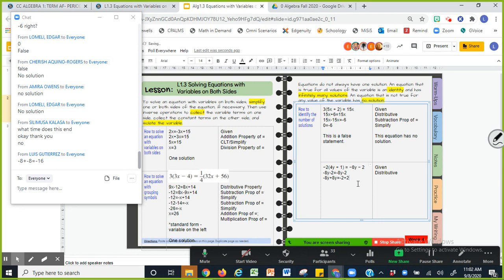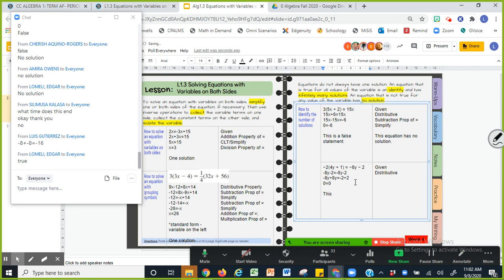So plus 2. And Luis, you were right, you're going to end up with zeros. The nice thing here is the left-hand side is 0, and the right-hand side will also be 0. But my question, going back to what you mentioned earlier, is it still a false statement, just like the first example, or not anymore? What do you guys think about this one? It's true, according to Edgar. So this is a true statement.